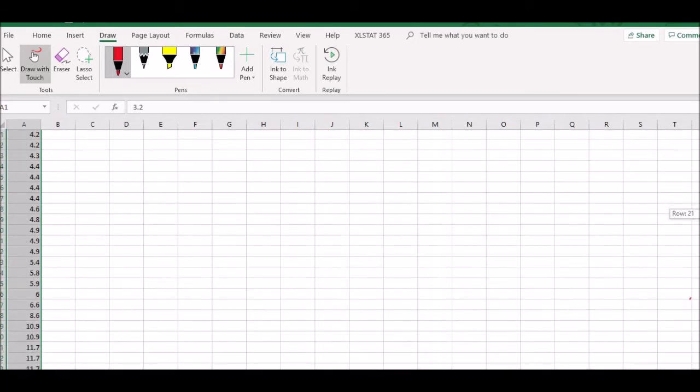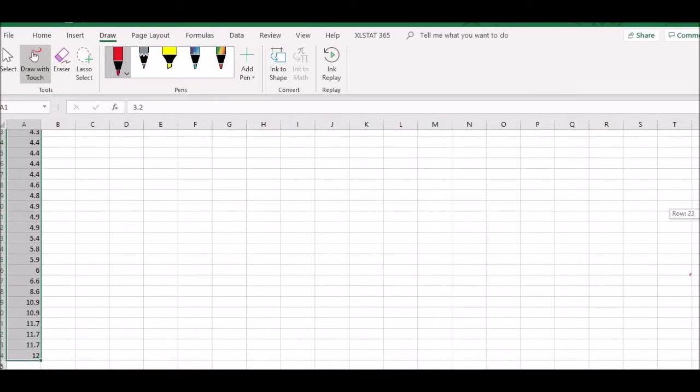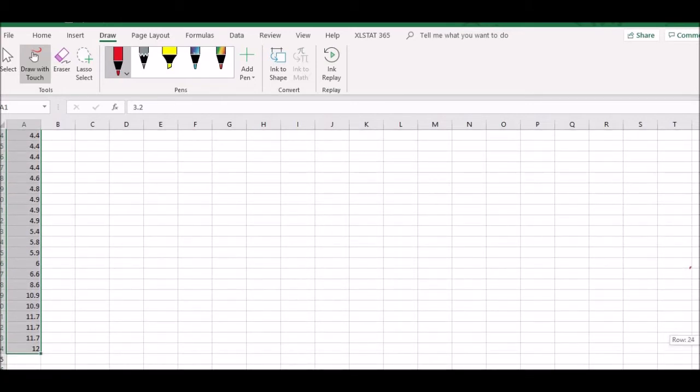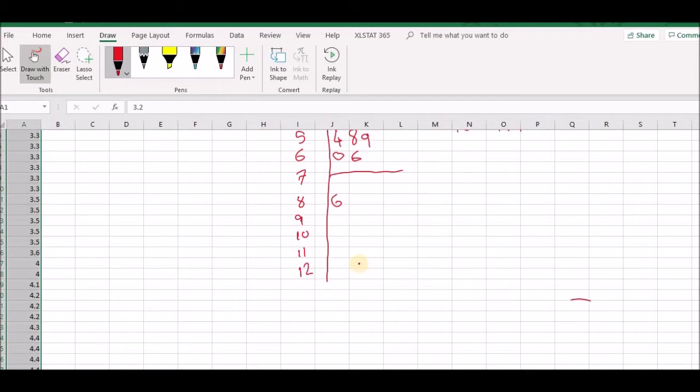And then I have 10.9 twice, 11.7 3 times, and a 12. And remember, I don't have that stem, so that is empty as well.